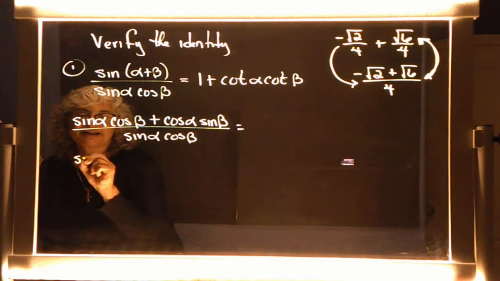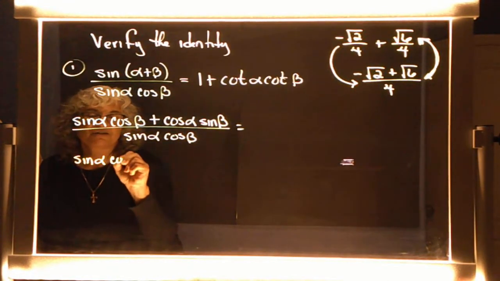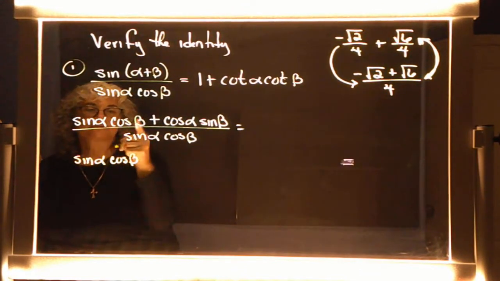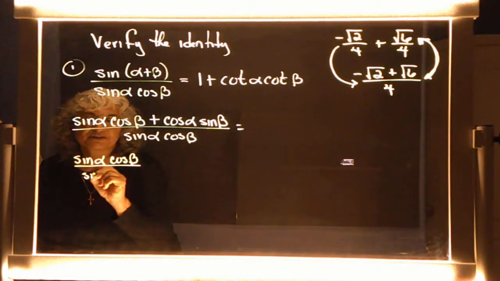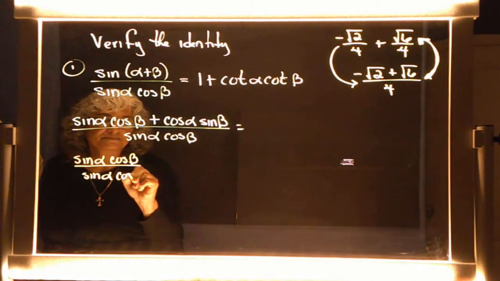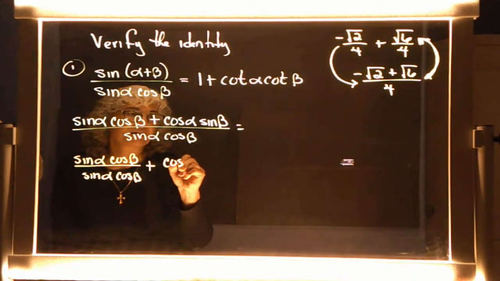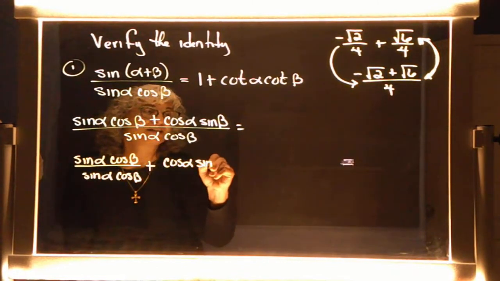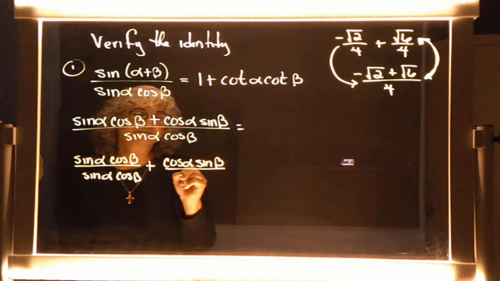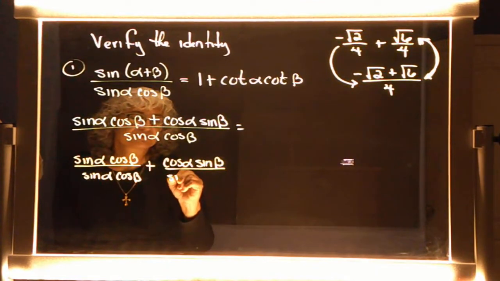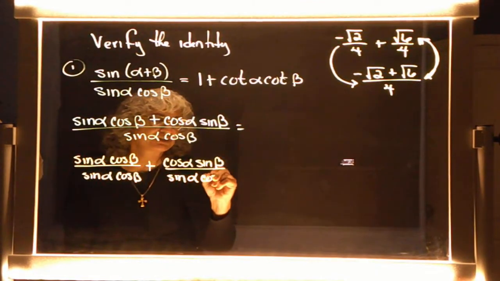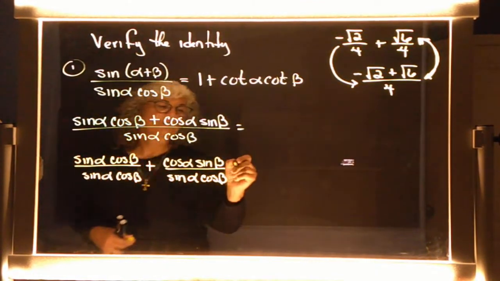It looks like I have the sine of alpha and the cosine of beta over this denominator plus the second part of my numerator is the cosine of alpha and the sine of beta over sine of alpha cosine of beta equals the right side.